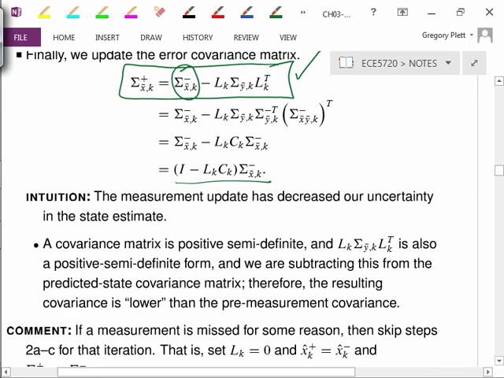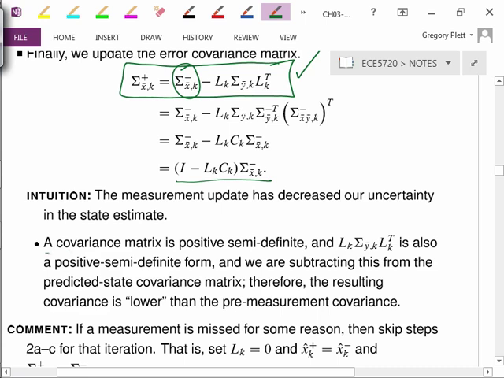Now, in terms of matrix algebra, the covariance matrices are always positive semi-definite. You could think of this as positive or zero uncertainty, but never negative uncertainty, if you want to think about it that way. So this product here is always positive semi-definite. This product here is also always positive semi-definite because it's a symmetric product. So I'm subtracting, at least intuitively, a positive number from a positive number.